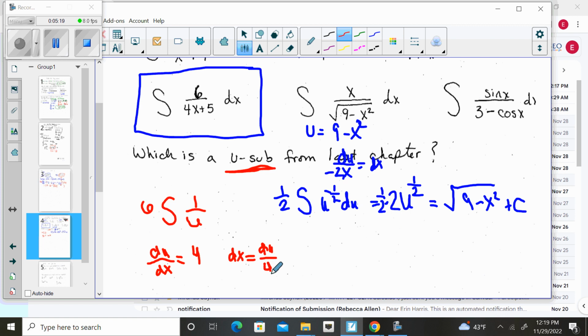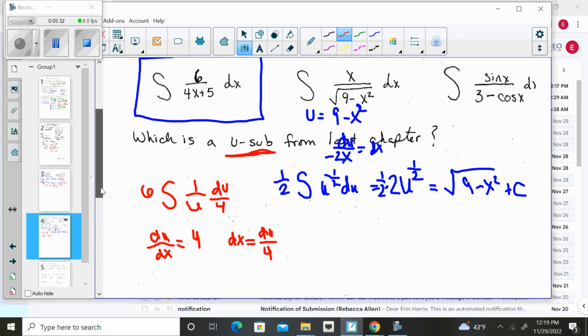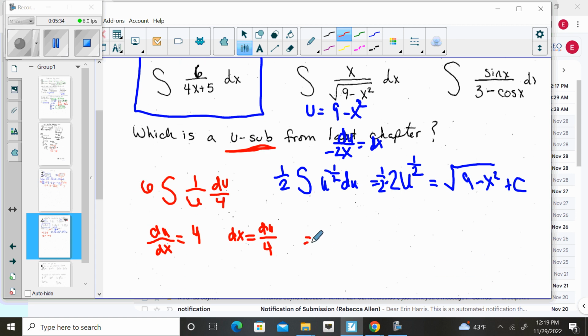So when I replace dx with du over 4, the 4 in the denominator moves out front and goes under the 6. I'll write it as 6 over 4 for the moment, but that could of course reduce to 3/2.